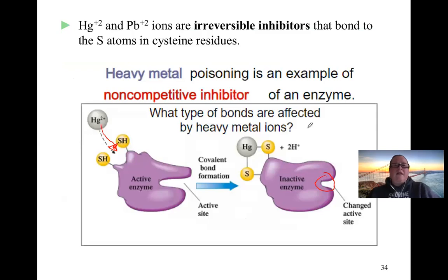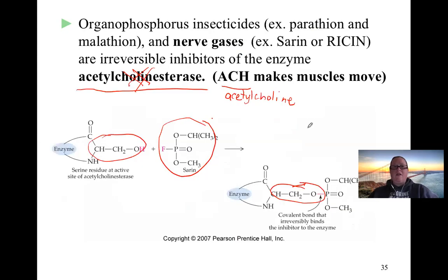Heavy metals are irreversible inhibitors that bond in particular to cysteine residues and change the shape of the enzyme, in a non-competitive inhibitor way. And insecticides and nerve gases are competitive inhibitors.